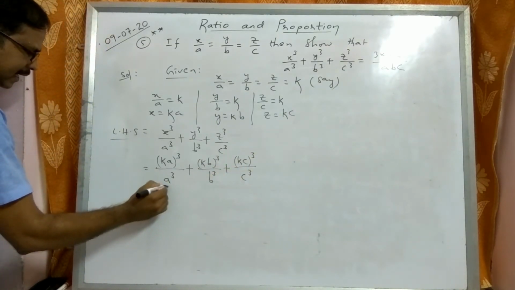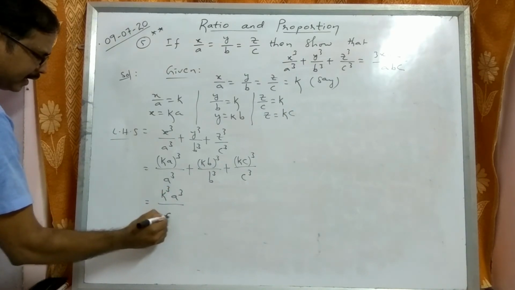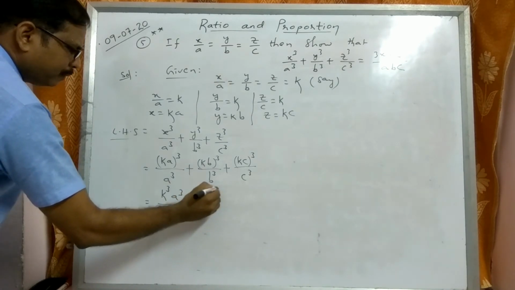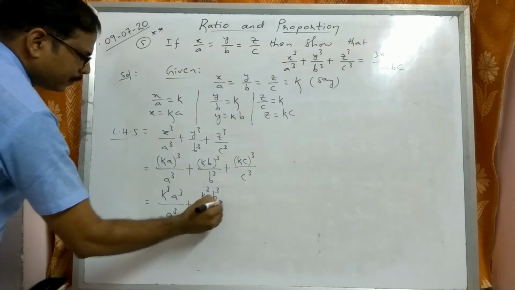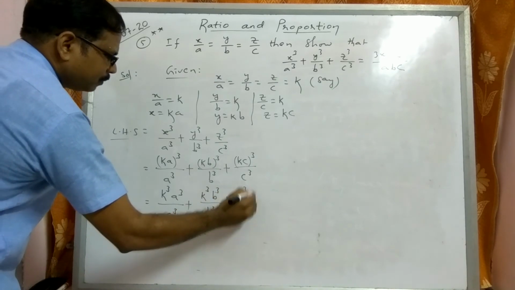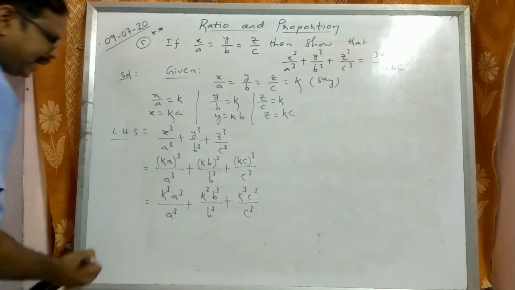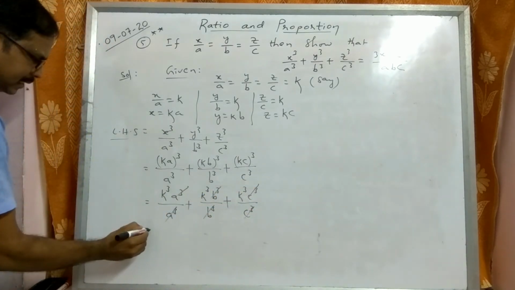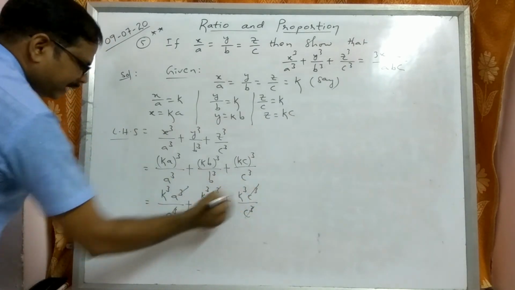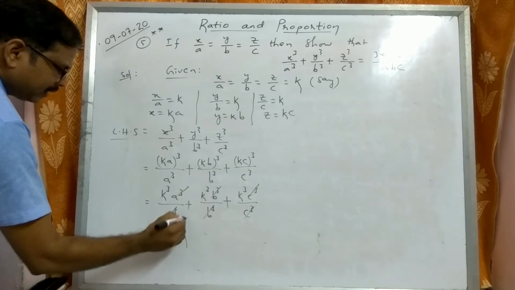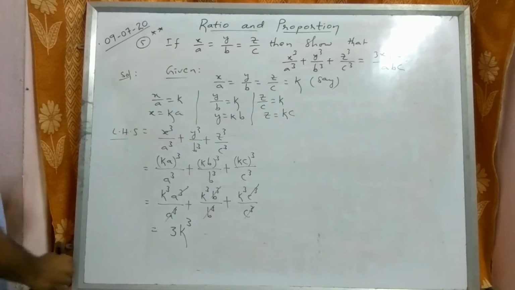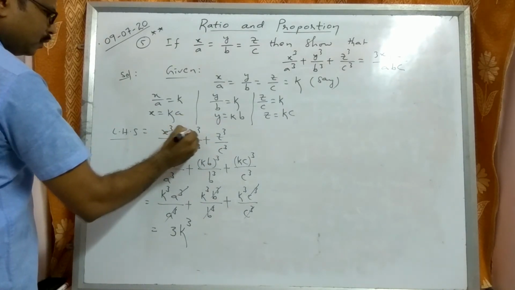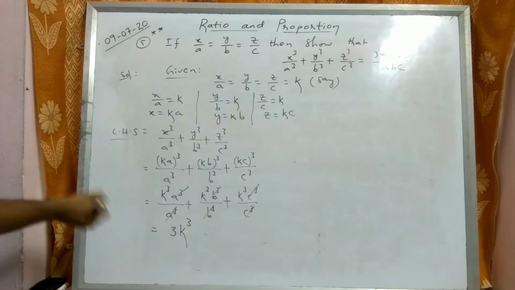This also I can write as k cube a cube by a cube, because whole cube we can expand, k cube b cube by b cube, k cube c cube by c cube, right? So a cube cancels, b cube cancels, c cube cancels. k cube, k cube, k cube. How many k cubes are there? 3k cube. That is the term for LHS.